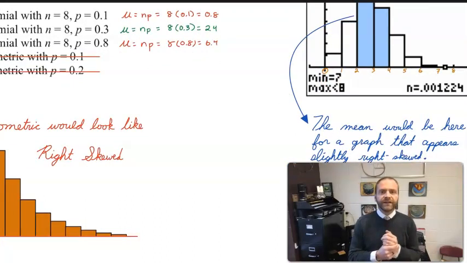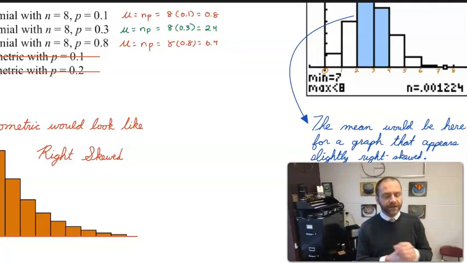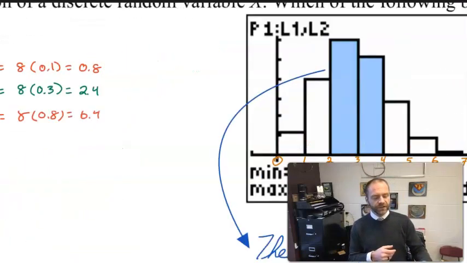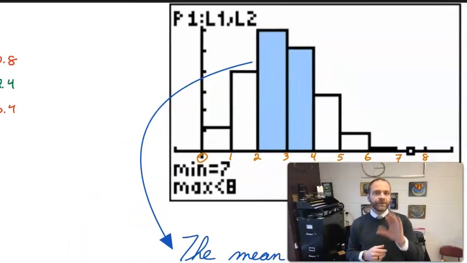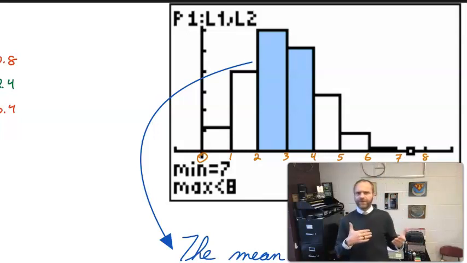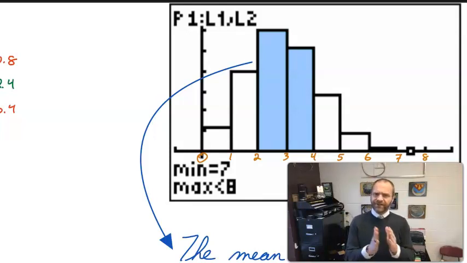The mean would be here for a graph that appears slightly right skewed. So the mean should be between 2 and 3, it looks like, and 3 and 4. So that's where I'm going to be looking. Because it's right skewed, I got to bring some stuff back from shape, don't I? If it's slightly right skewed, that means the mean is going to be pulled slightly towards the direction of the tail. So it's going to be between 2 and 3 and 3 and 4.